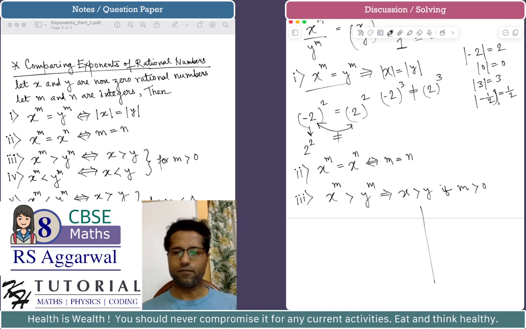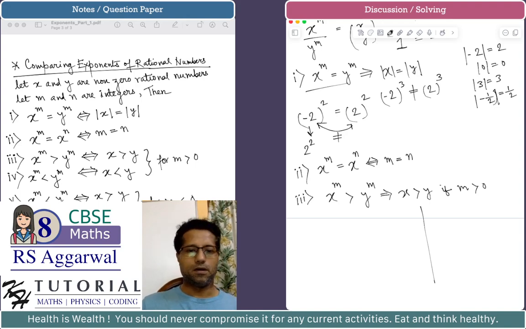This is coming from the fact that for a positive integer m, that is m greater than 0, we will have x to the power m greater than y to the power m only if x is greater than y.